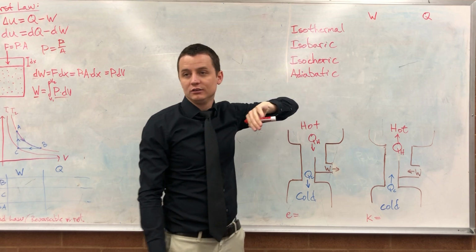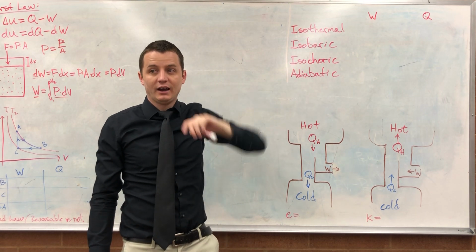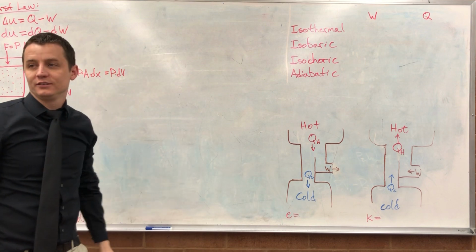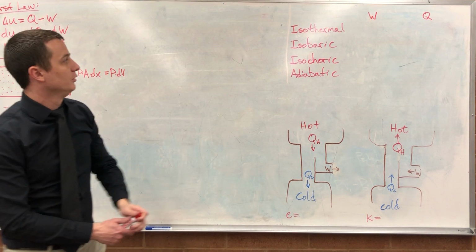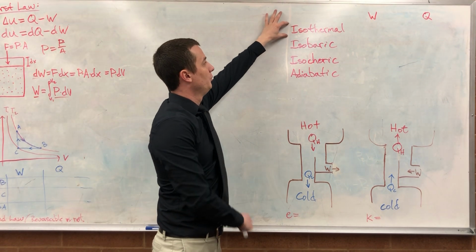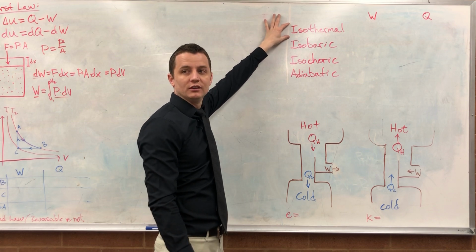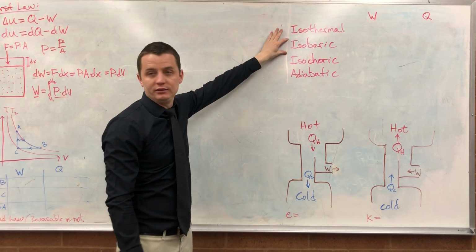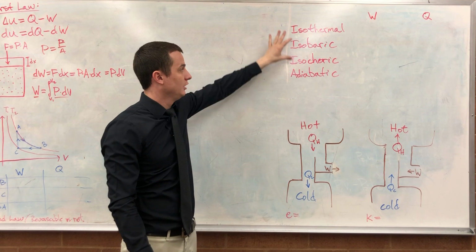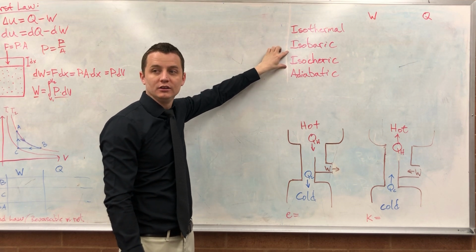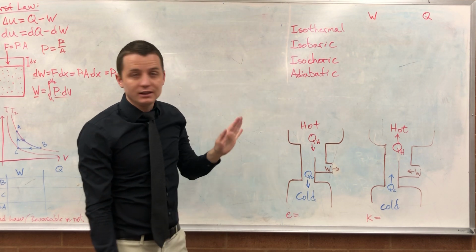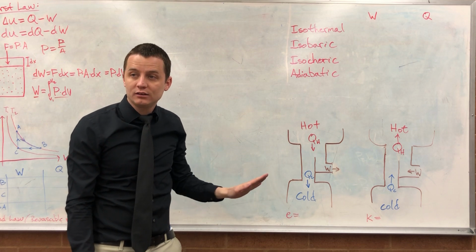Same temperature. An isothermal... Oh, temperature is constant. Right. So an isothermal reaction is one where the temperature doesn't change. An isobaric one is where the pressure doesn't change. Isochoric is where the volume doesn't change. And adiabatic is where no heat is added.